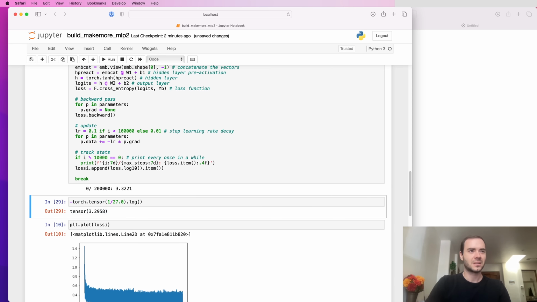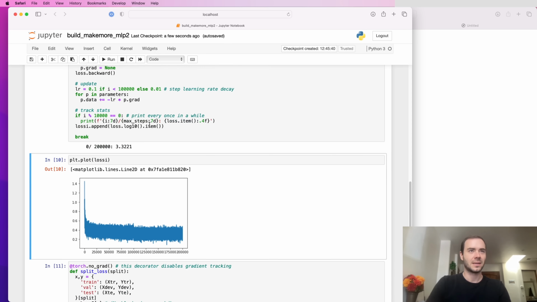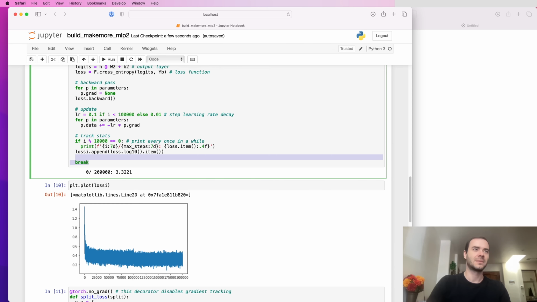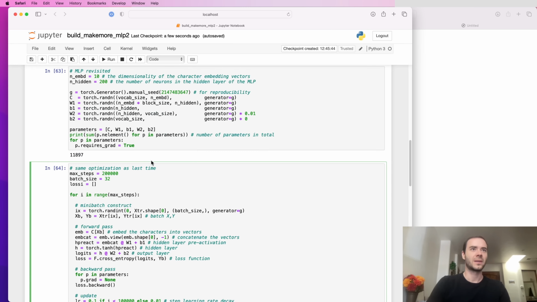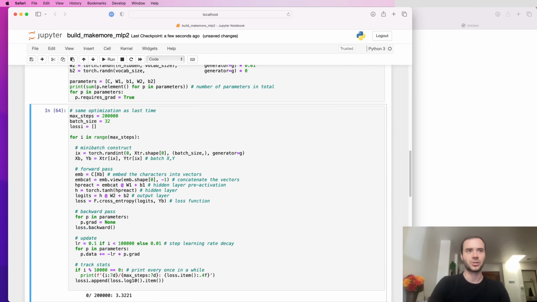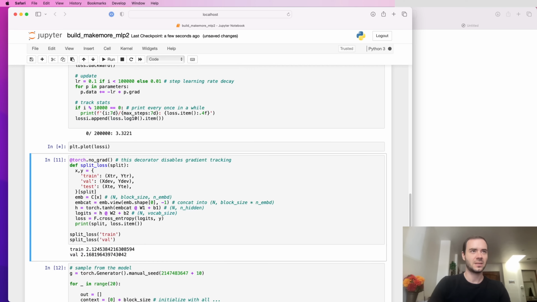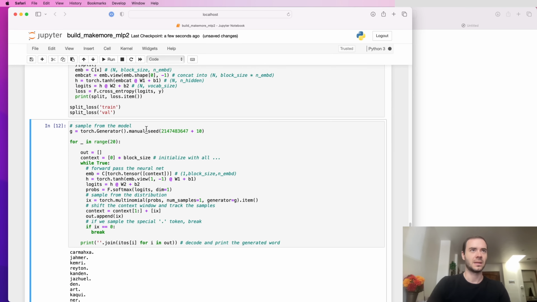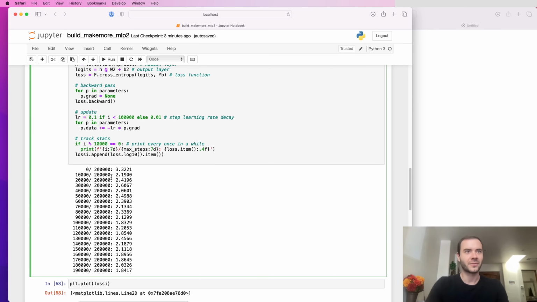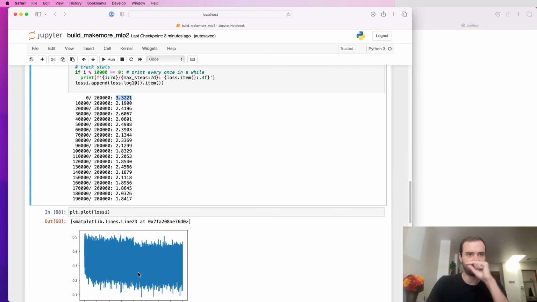So if I just erase these, and I now take away the break statement, we can run the optimization with this new initialization, and let's just see what losses we record. Okay, so I let it run, and you see that we started off good, and then we came down a bit.